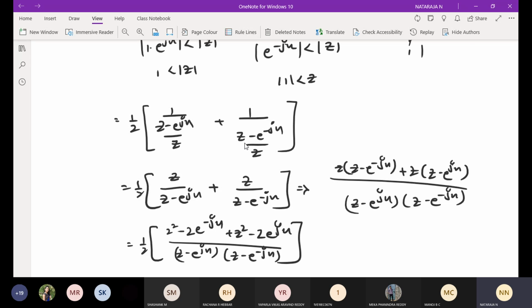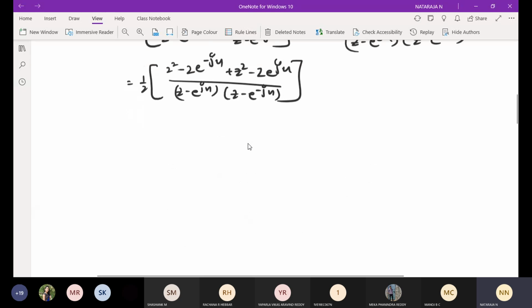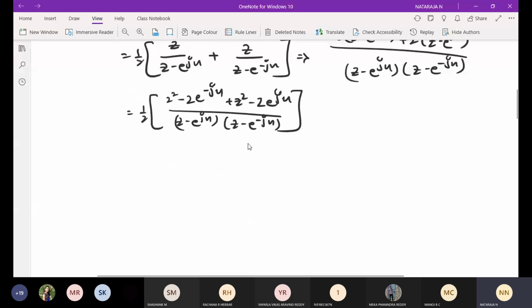Then you get 2z square, so 1 over 2 into z square plus z square.